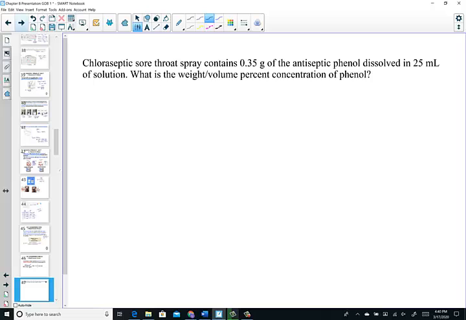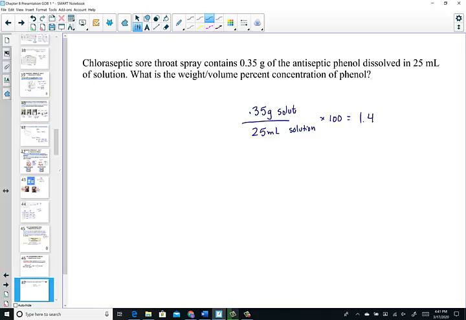Chloraseptic sore throat spray is 0.35 grams of the antiseptic phenol dissolved into 25 milliliters of solution. We have our grams of solute over volume of the whole solution, and we simply express that as a percent. To solve for this gram over mil, we would hit 0.35 divided by 25 and times 100 to express it as a percentage.